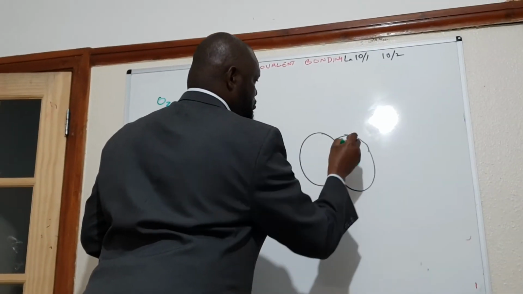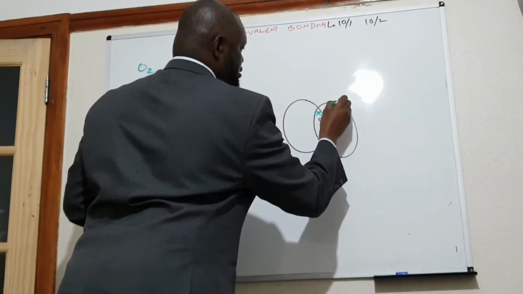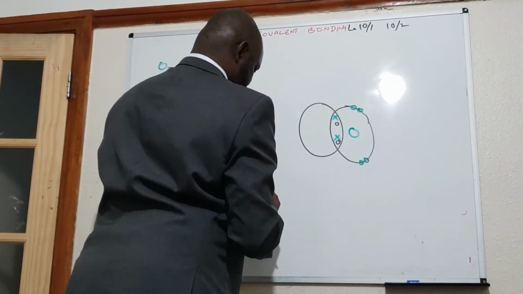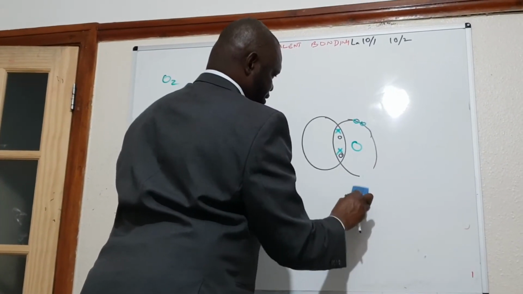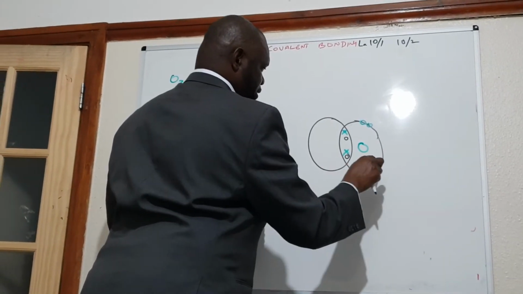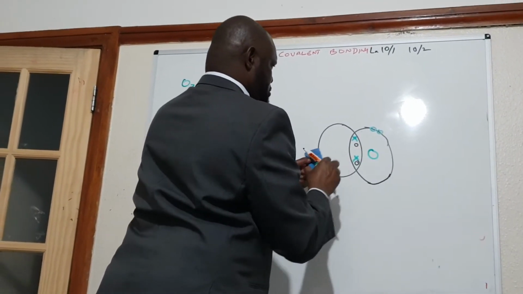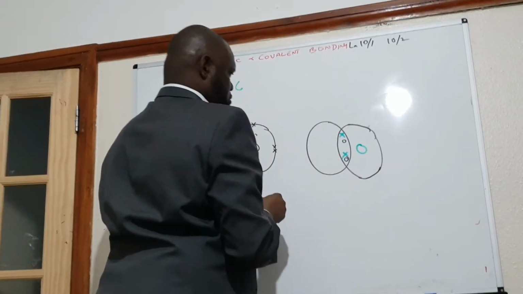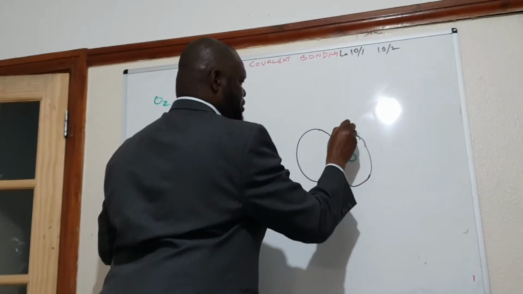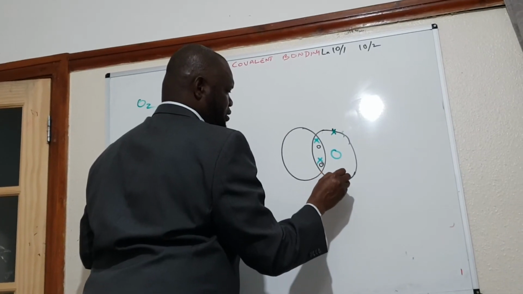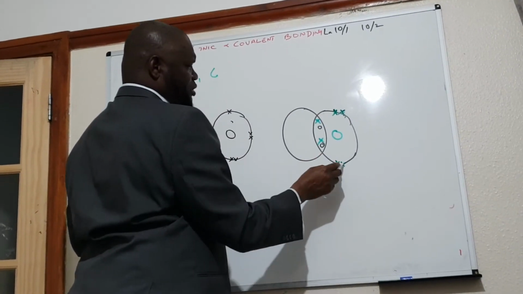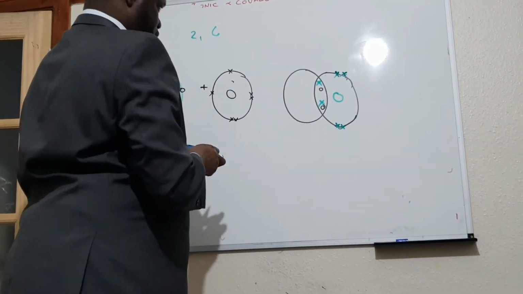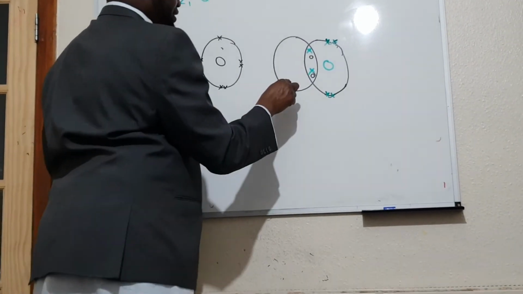Sorry, I'm getting this mixed up. So it has 1, 2, 3, 4, 5, 6, 7, 8. Now this other one also will be the same.